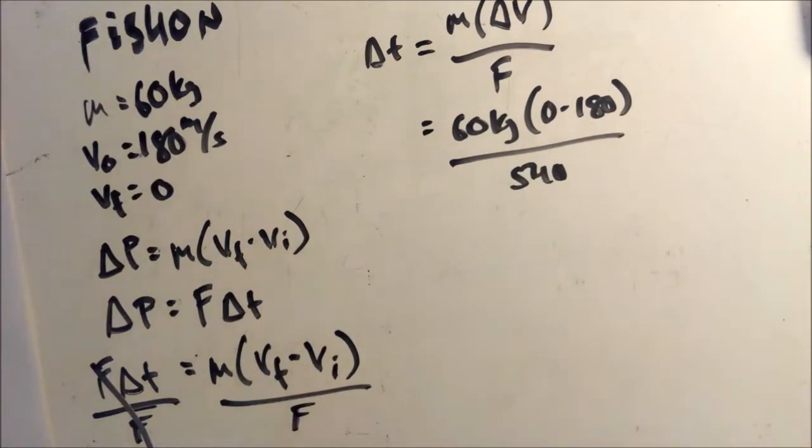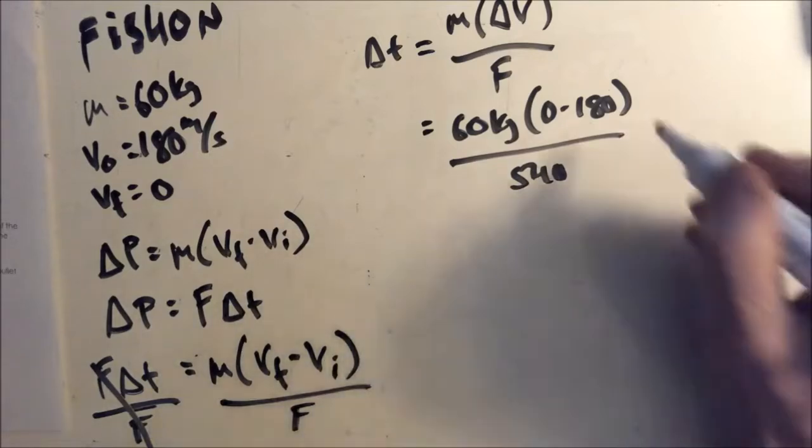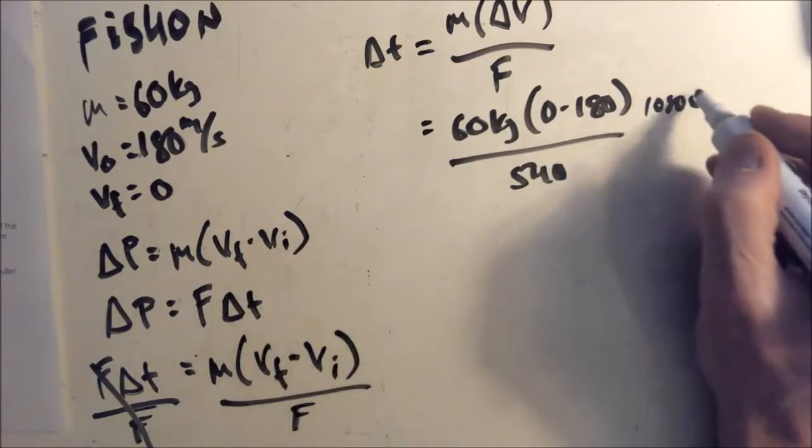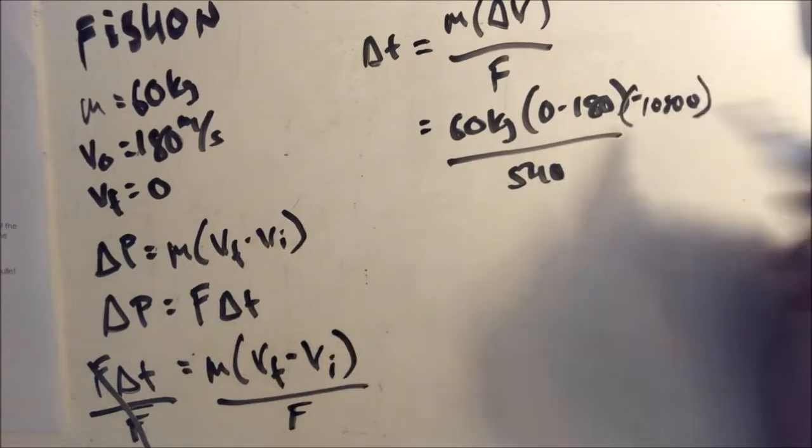Let's see what that is. So 60 multiplied by negative 180 gives us negative 10,800.